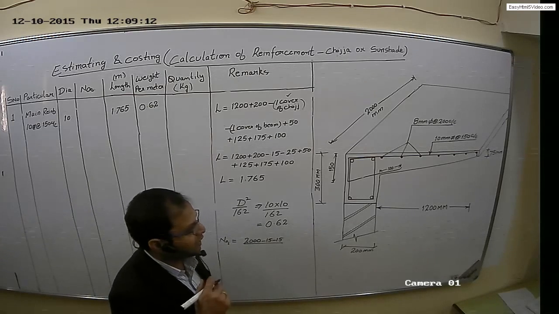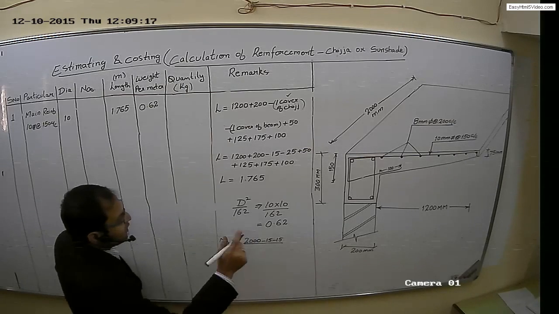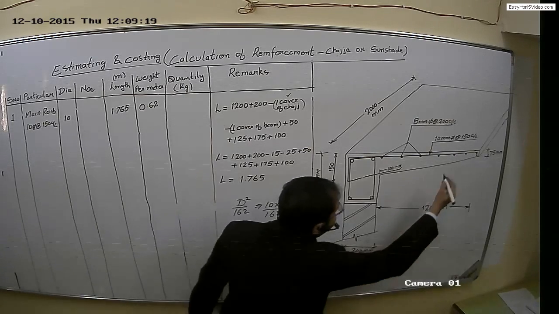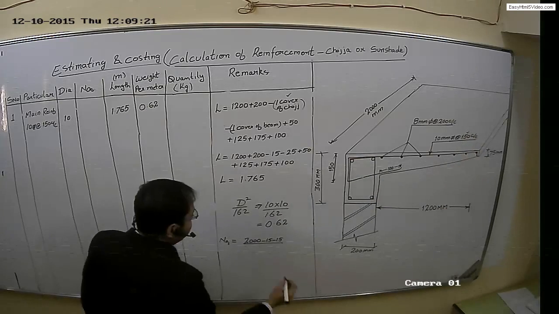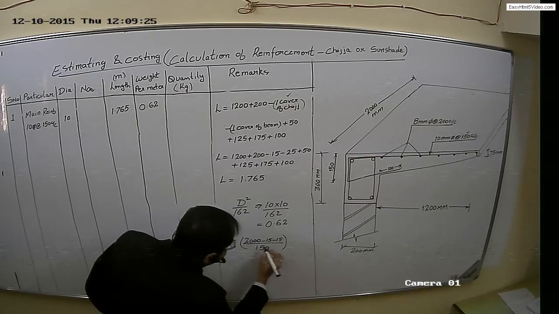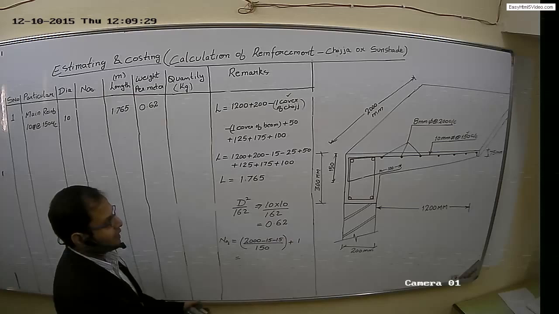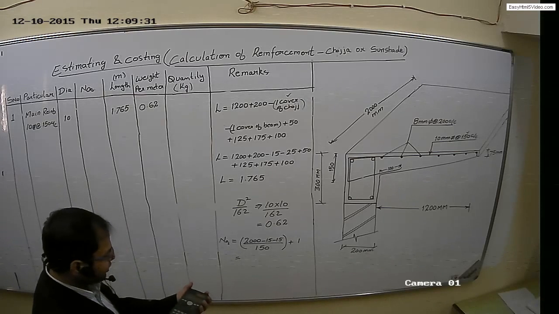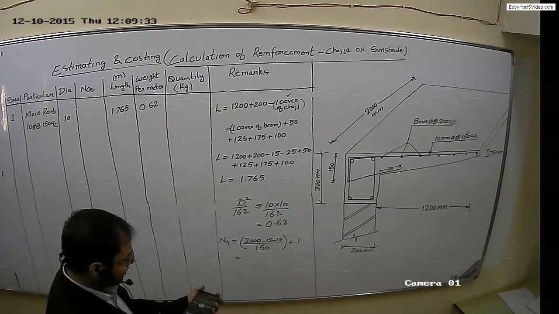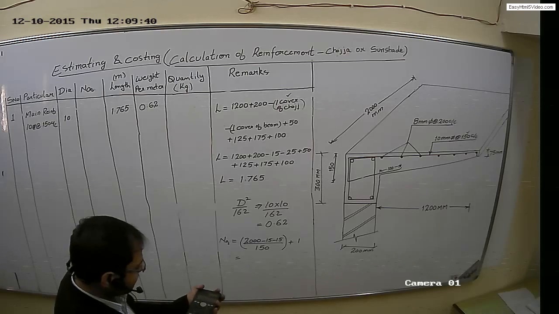We have taken 15 mm cover for one side, 15 mm cover from the second side, dividing this by the spacing of main bar, which is 150. And adding 1 to this whole quantity, you will get the number of main bar in this particular span. So 2000 minus 15 minus 15 divided by 150 and plus 1.